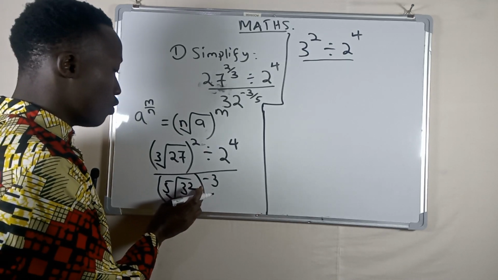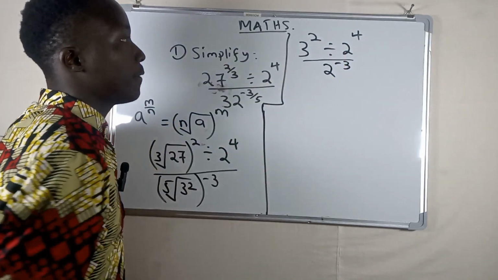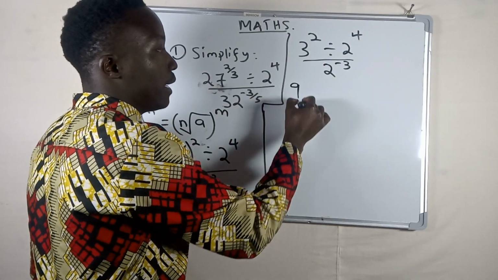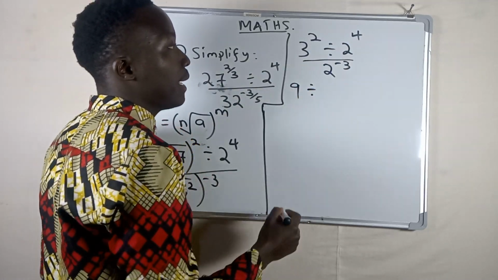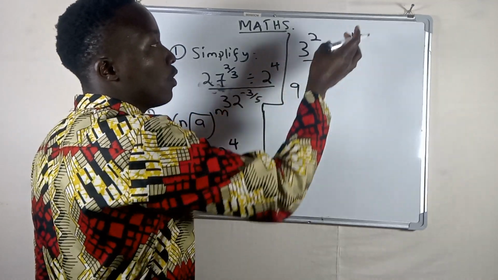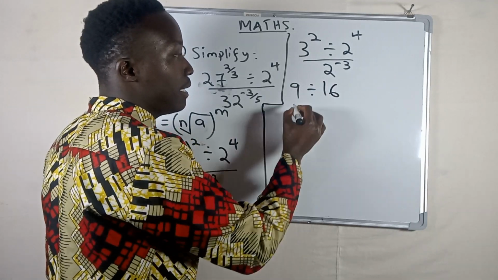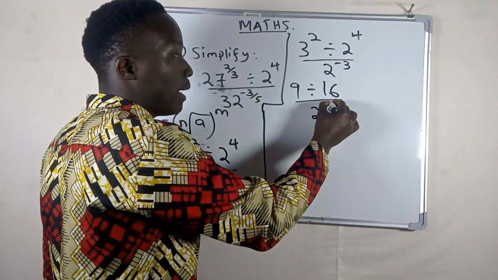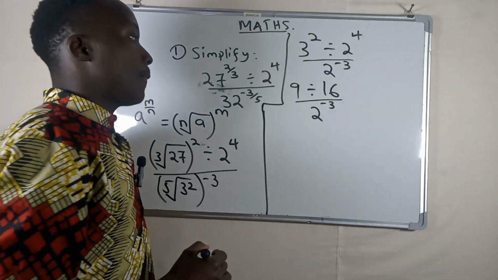So it's going to be 2 to power negative 3. Now 3 squared is equal to 9, divided by 2 to power 4. 2 to power 4 is equal to 16, over 2 to power negative 3.